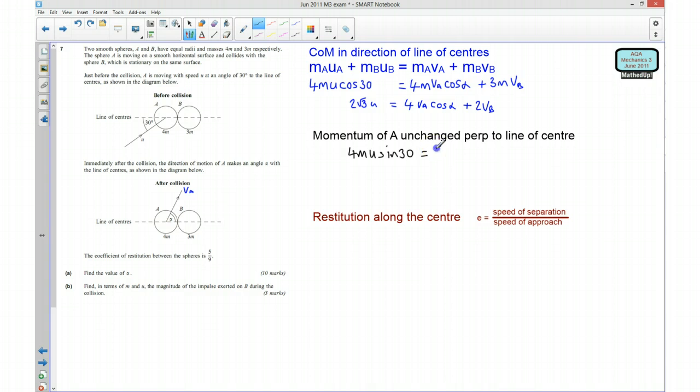So that's going to be 4m multiplied by VA sine alpha, and that will be in that direction now. Okay, now we can simplify this because again the m's will cancel each other out, and sine 30 is a half. So 2u is equal to, over here we've lost the m and we've got 4 VA sine alpha.